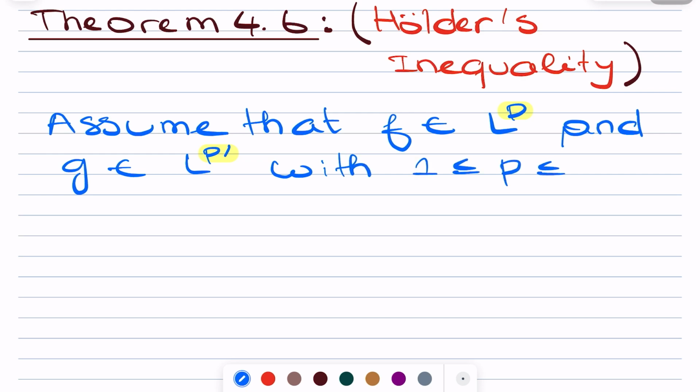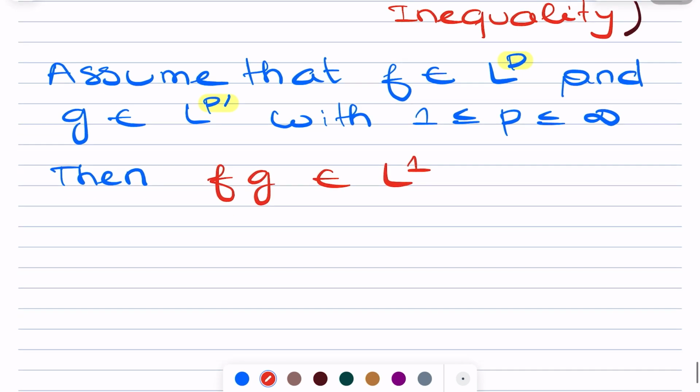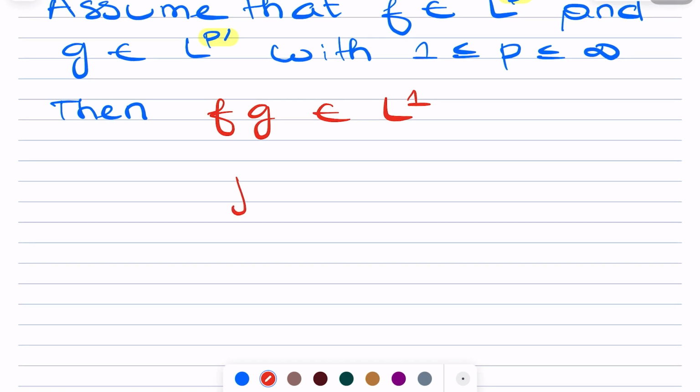Then the product fg is in L1, and the integral of the absolute value of fg is less or equal than the L^p norm of f times the L^p prime norm of g.